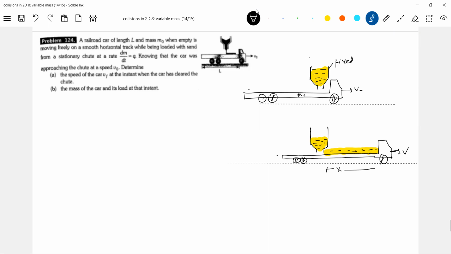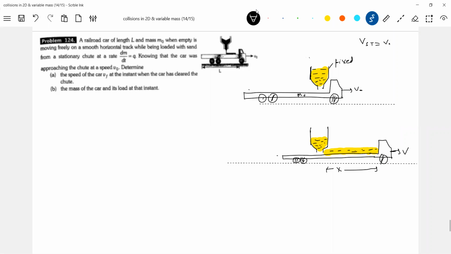Okay, let's write down the equation. Inward action, the thrust force and all. So I'll say net force acting on the system. System means what? The mass getting added up and the trolley will become the system. The velocity of that added sand with respect to the trolley, yesterday we have done this, if you can remember.